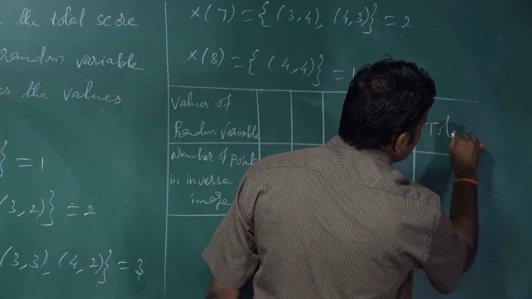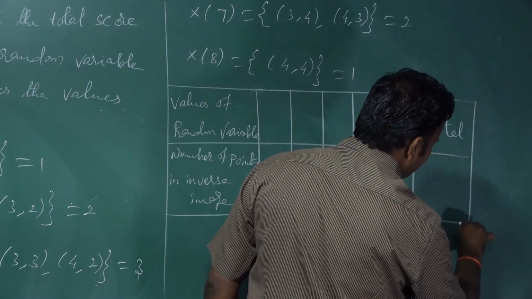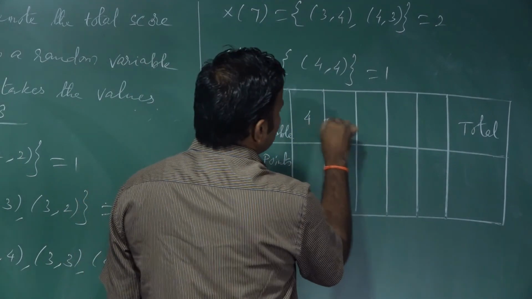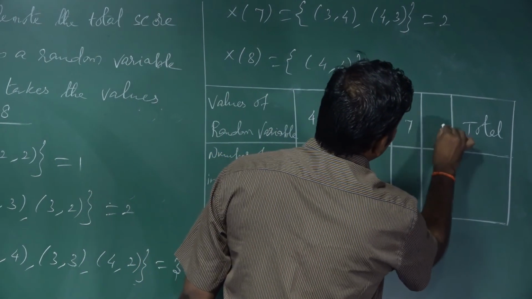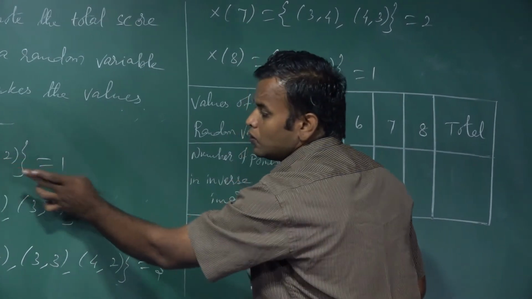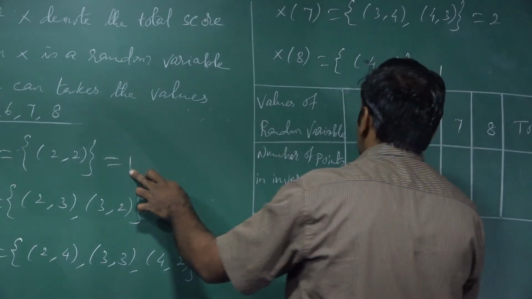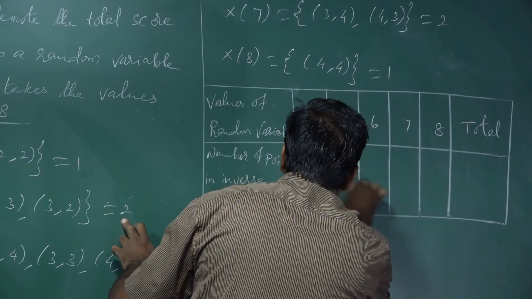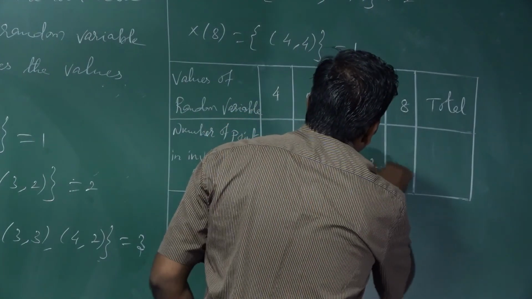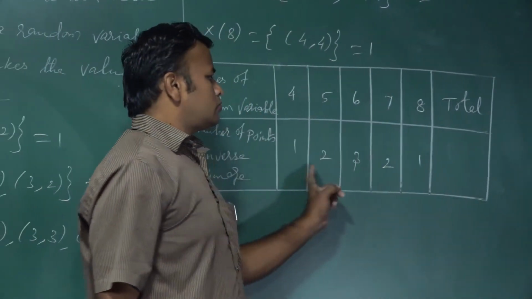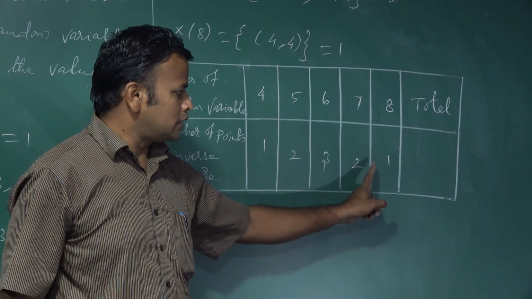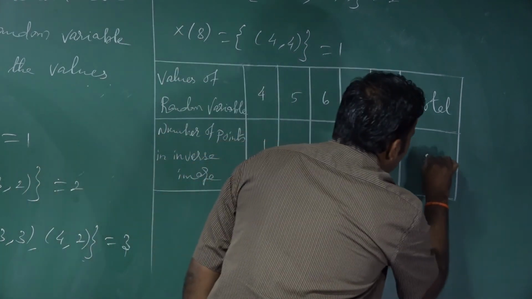Last is the total. Next, the number of points in the inverse image. When X is 4, the inverse image value is 1. For 5 it is 2, for 6 it is 3, for 7 it is 2, and for 8 it is 1. Now adding all: 3, 6, 7, 8, 9. So the total value is 9.